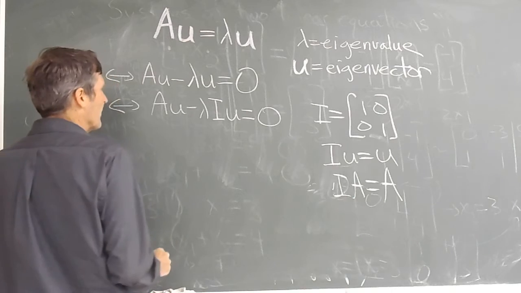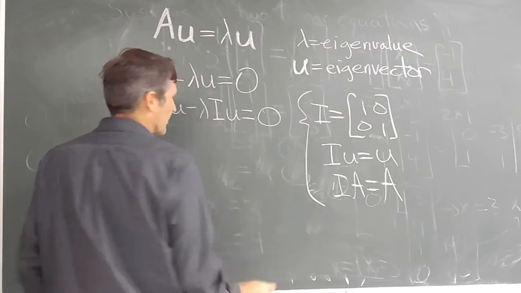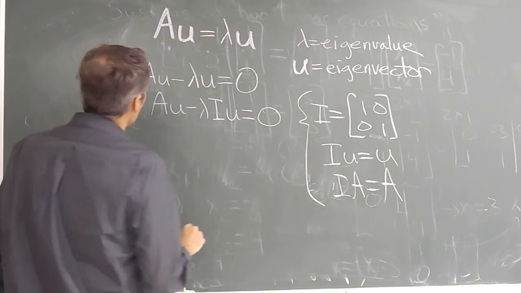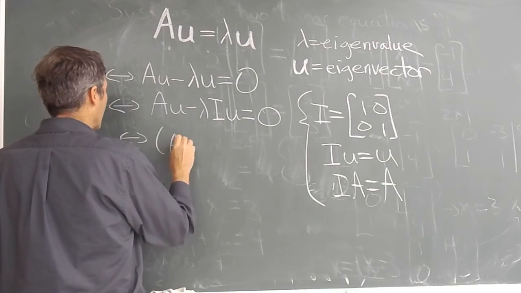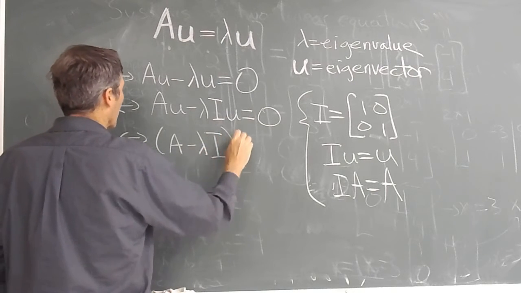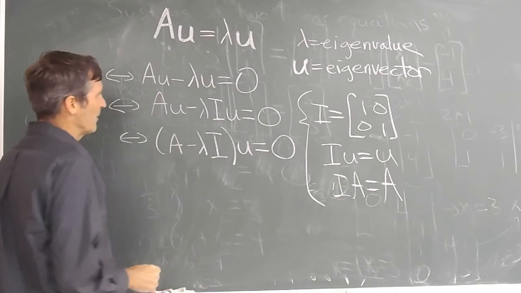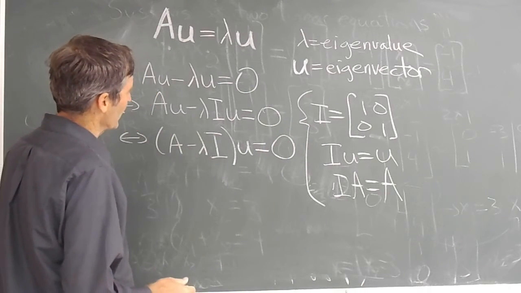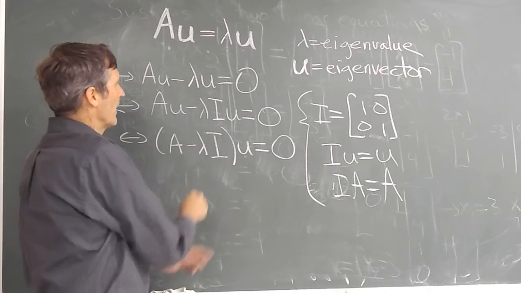Alright, so with those properties in mind, and again we're not doing a linear algebra class, so I'll just wave my hands at the proofs. We have this distributive property I started to say, A minus lambda times the identity, all multiplying u equals 0. One thing you have to be careful about in matrices is you can't necessarily just switch the order.